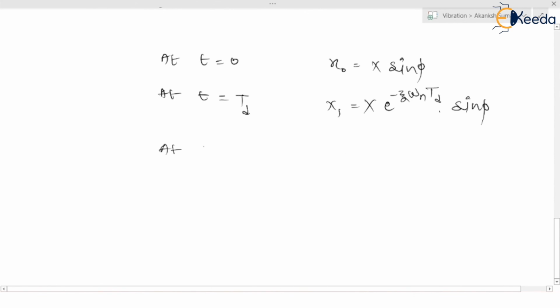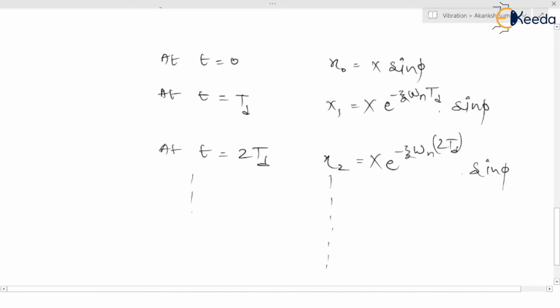Next, if I put t equals 2td, there will be the amplitude value x2. The equation would become x2 is equal to capital X e to the power minus zeta omega n 2td sin phi. Now similarly you can find different values by putting different time interval values.